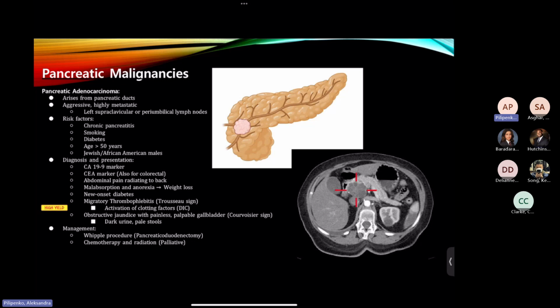What about the malignancies? Pancreatic adenocarcinoma, high yield. You will need to know the markers, right? It's CA19-9. All right. Again, you see the tumor at the head of the pancreas, right?